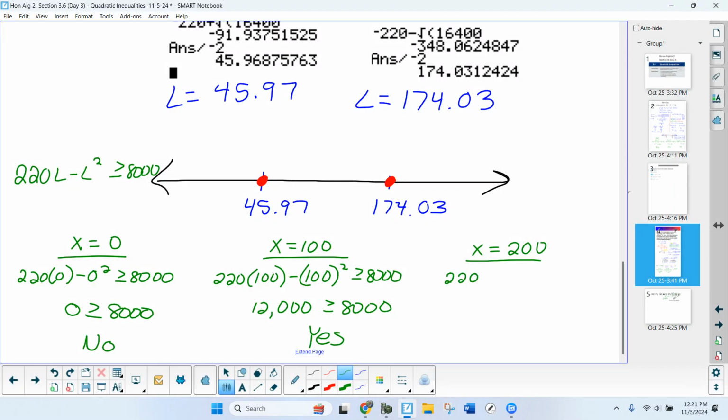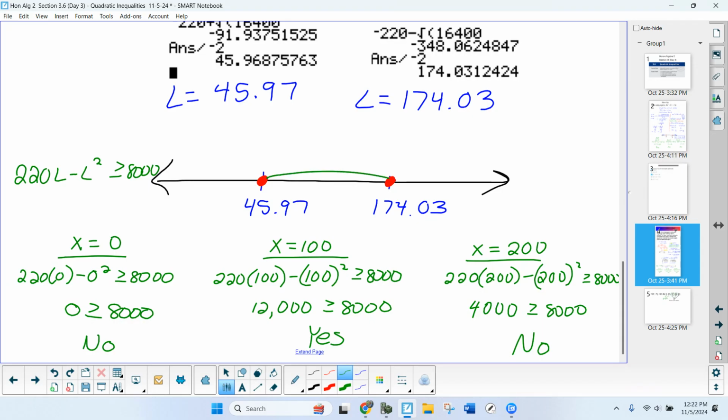So I have 220 times 200 minus 200 squared. What did you get when you plugged in 200? 4,000. You all got positive 4,000? Okay. So 4,000 is not greater than or equal to 8,000. So, no, yes, no.